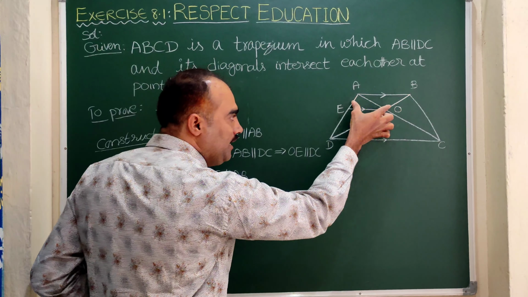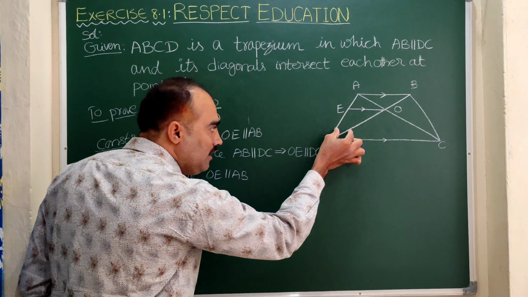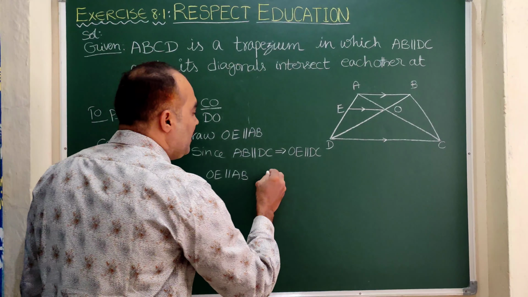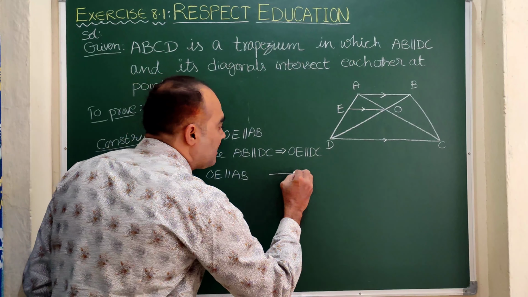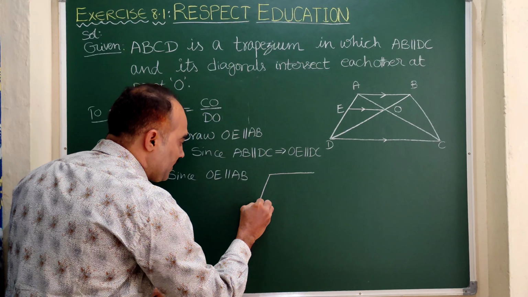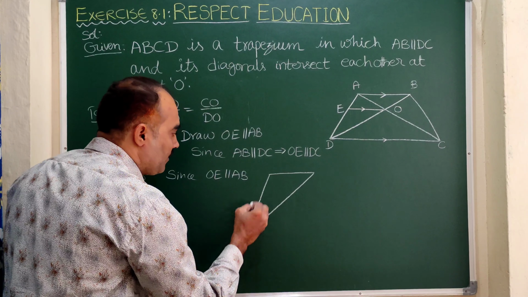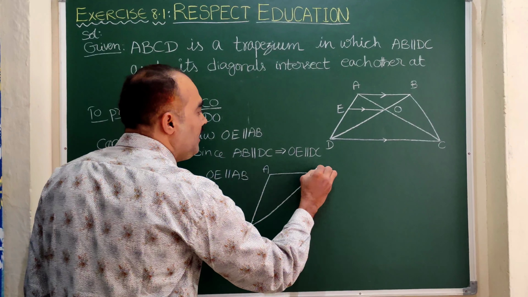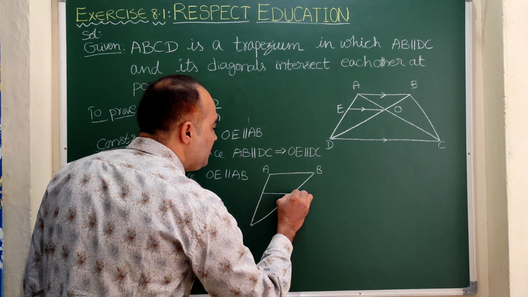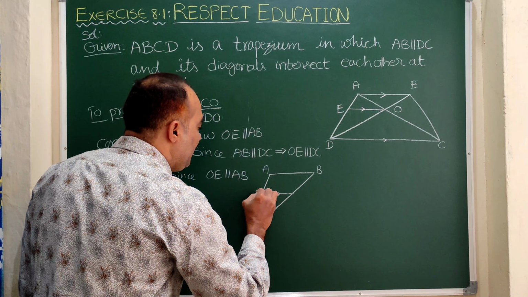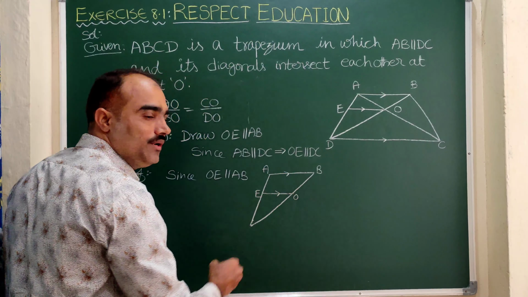So from AB we reach OE and then finally we reach D. So here we consider the triangle A, B, D in which EO is parallel to AB.